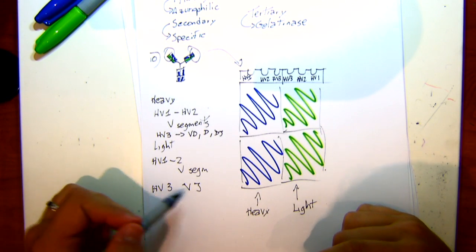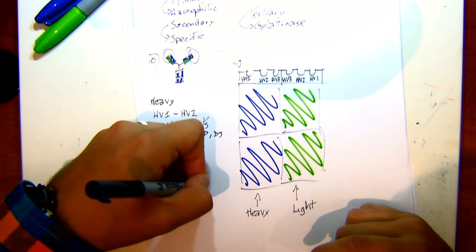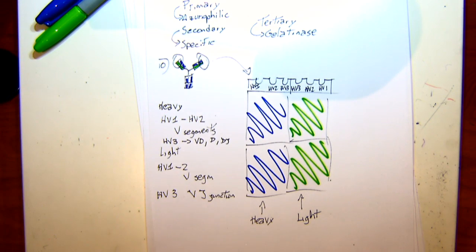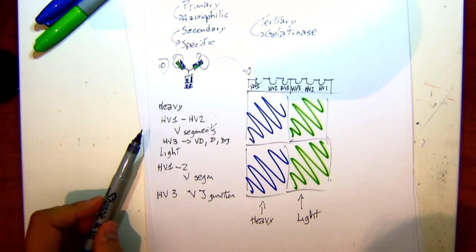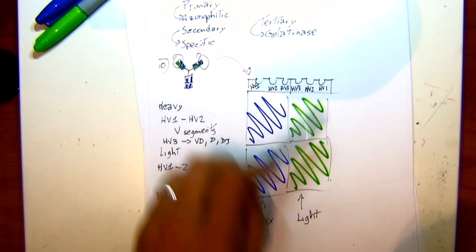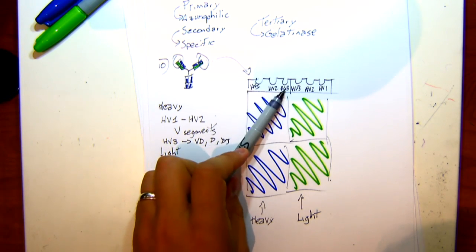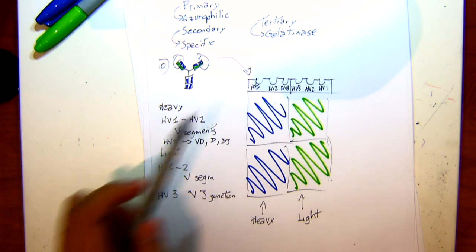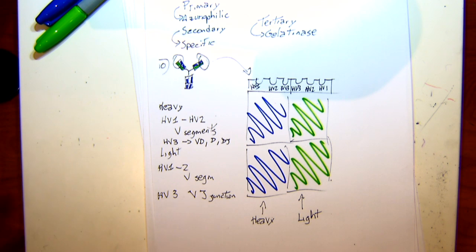This just goes over a little bit more than the question, but it's good review. So one binding site is composed of 6 hypervariable regions, because it's 3 hypervariable regions of the heavy chain and 3 hypervariable regions of the light chain.